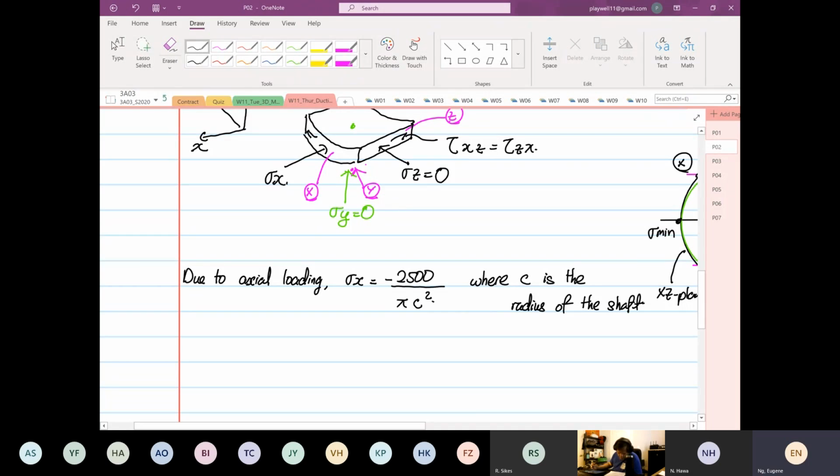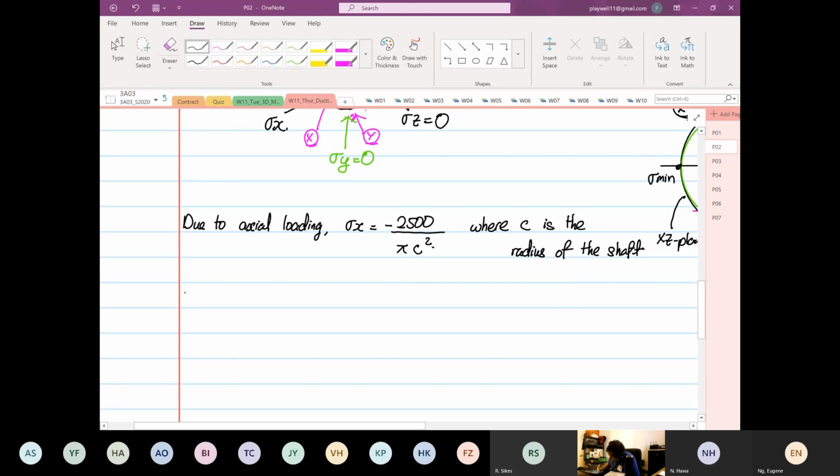And then due to bending moment, we know that stress X is equal to minus Mc over I. So this will be equal to Mz over Izz multiplied by c.